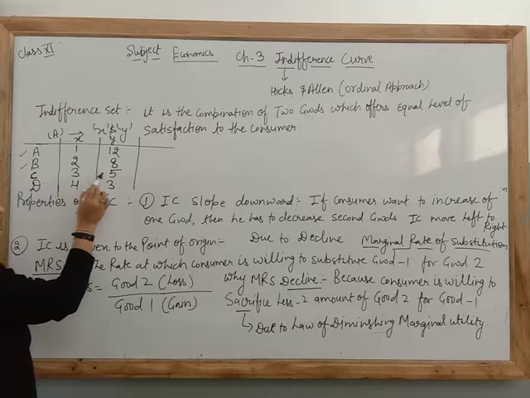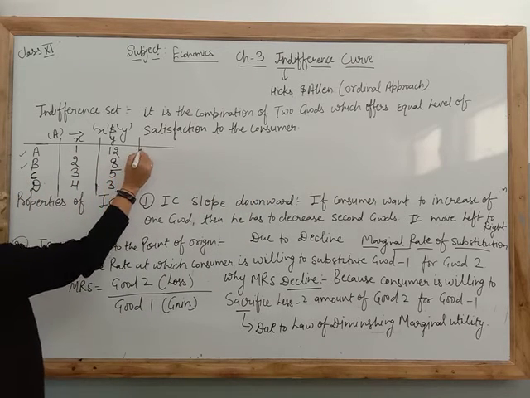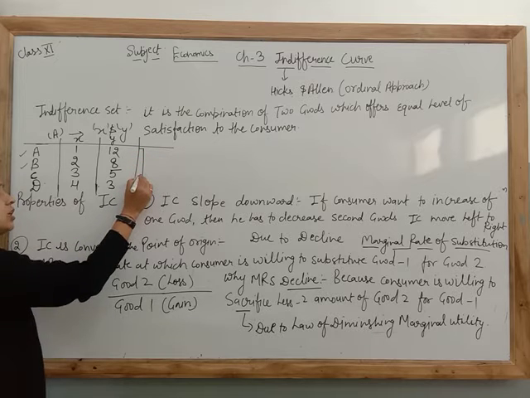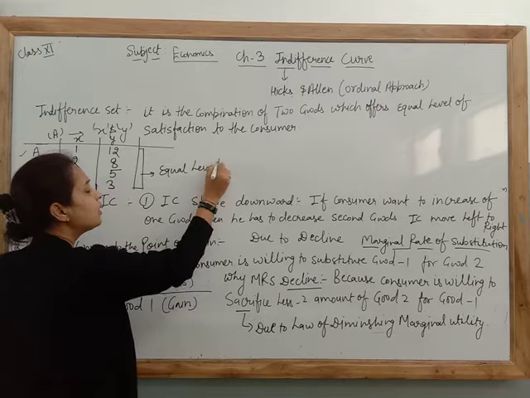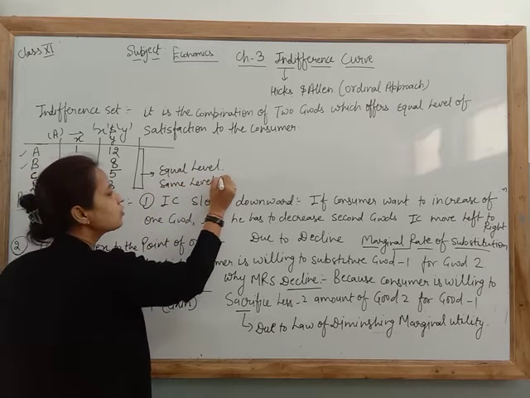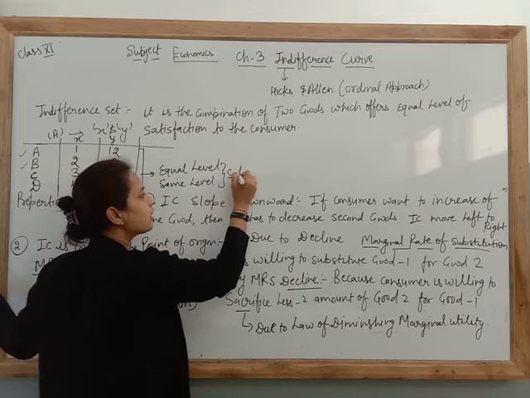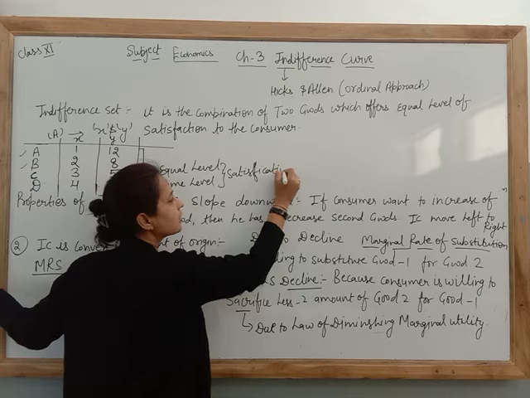So, at each level, it is a combination of two goods which offers an equal level of satisfaction. At every combination, he is going to get an equal, or we can say the same, level of satisfaction. When he gets the same level of satisfaction, that is known as an indifference set. Clear?